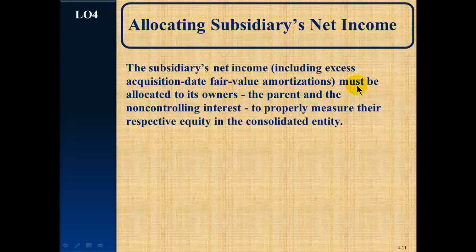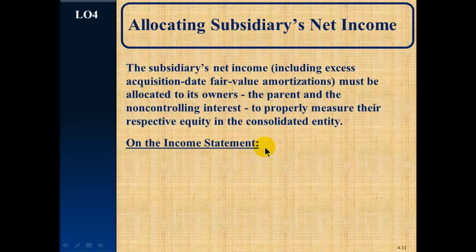After you've handled that excess amortization, you'll allocate the income to the owners, which are the parent, representing the controlling interest, and the non-controlling interest, to properly measure their respective share in that consolidated entity. You're going to do that to the net income of that subsidiary business.